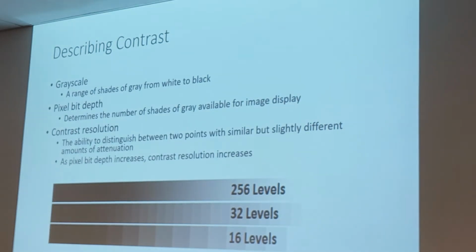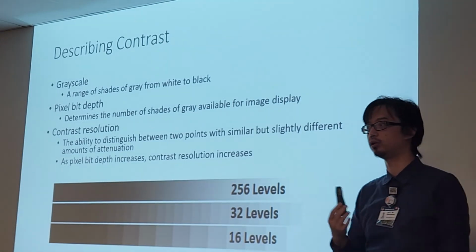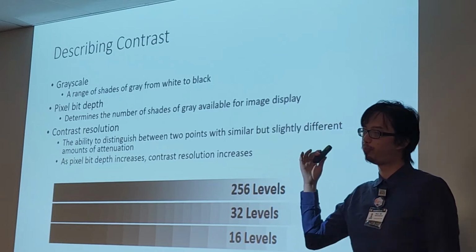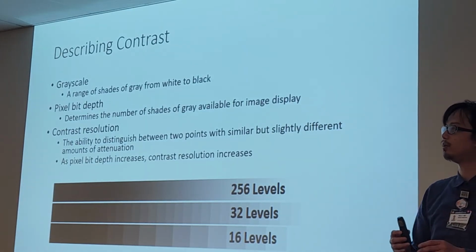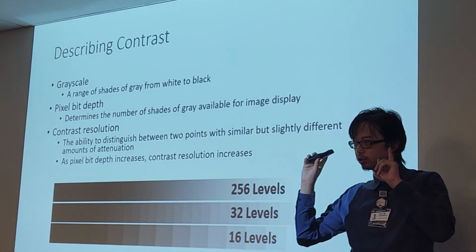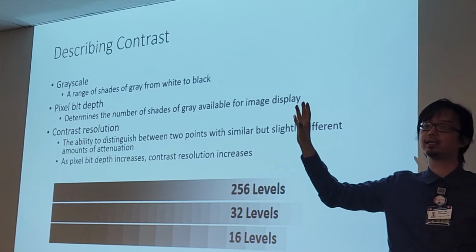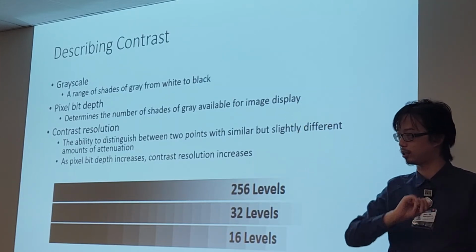So, the bit depth determines how many shades of gray we have available to use. The more shades of gray we have, the better our contrast resolution, because now we can tell two structures apart. We can say liver is slightly brighter and psoas muscles are slightly darker.